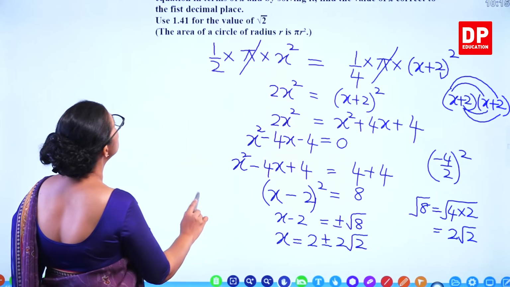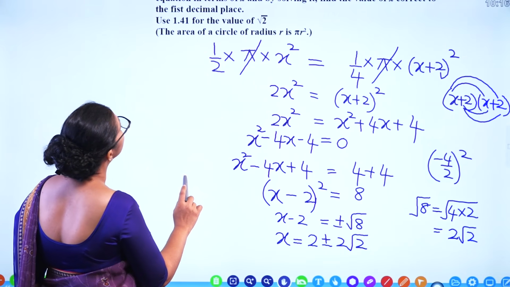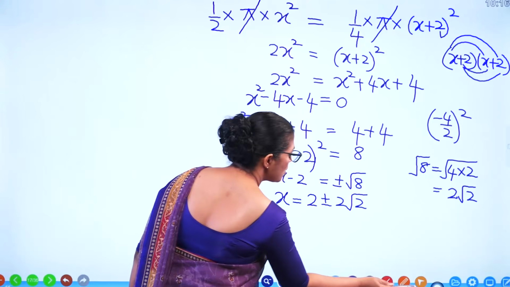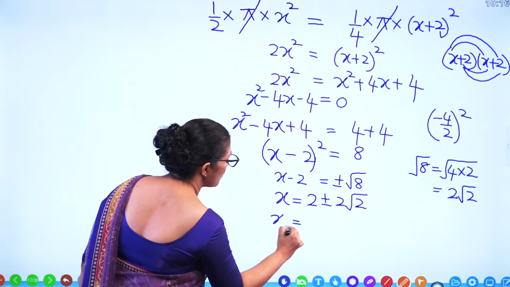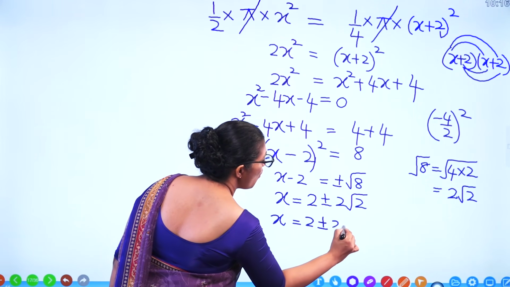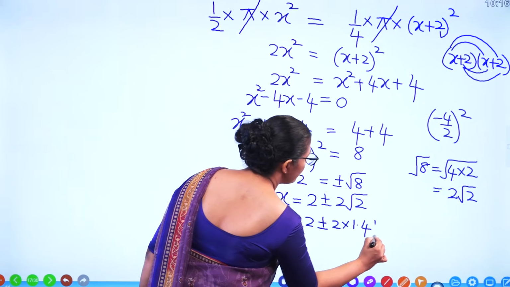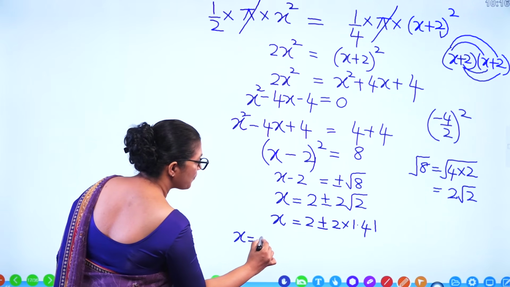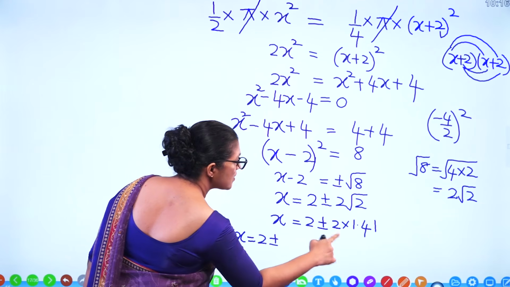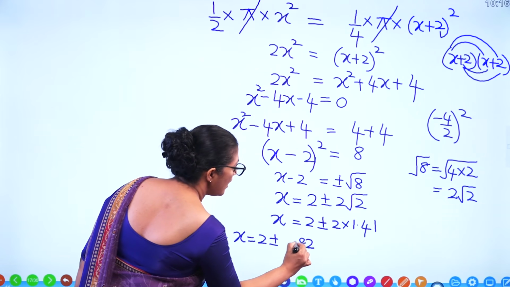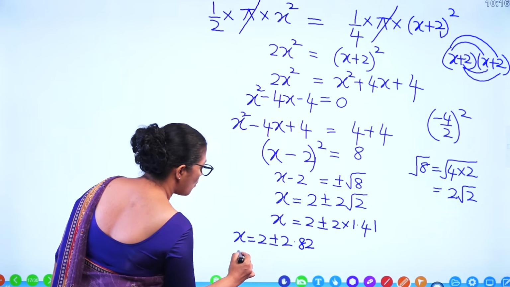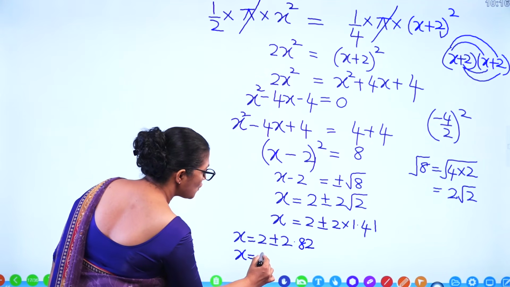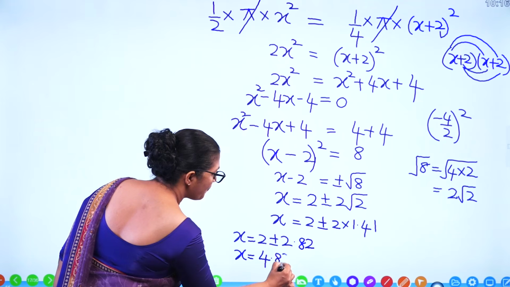Now it says root 2 is 1.41. Substitute that. So what are the values you get? x equals 2 plus or minus 2.82. When you take the positive value, that becomes 4.82.